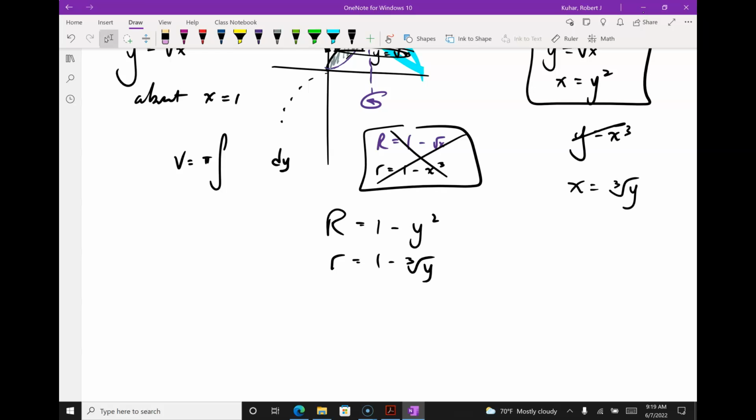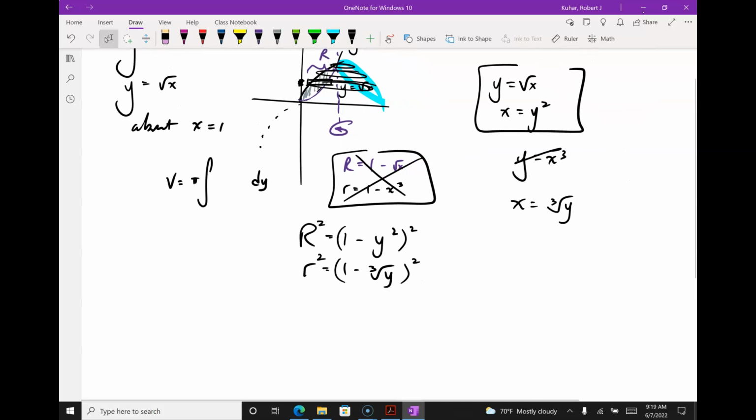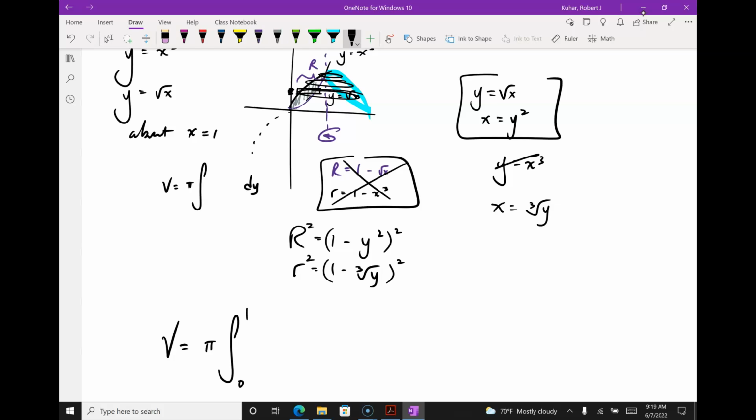And then I have to square them. Yuck. But not difficult, right? Now my y's are going from 0 to 1. My x's are going from 0 to 1 here as well, right?